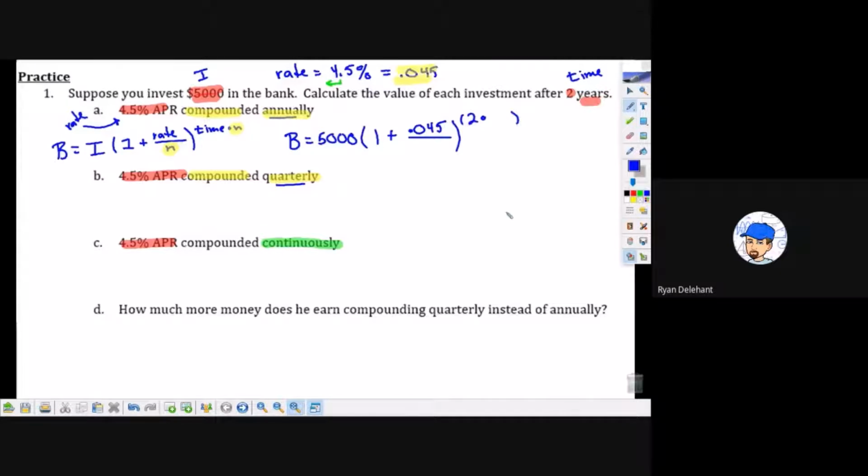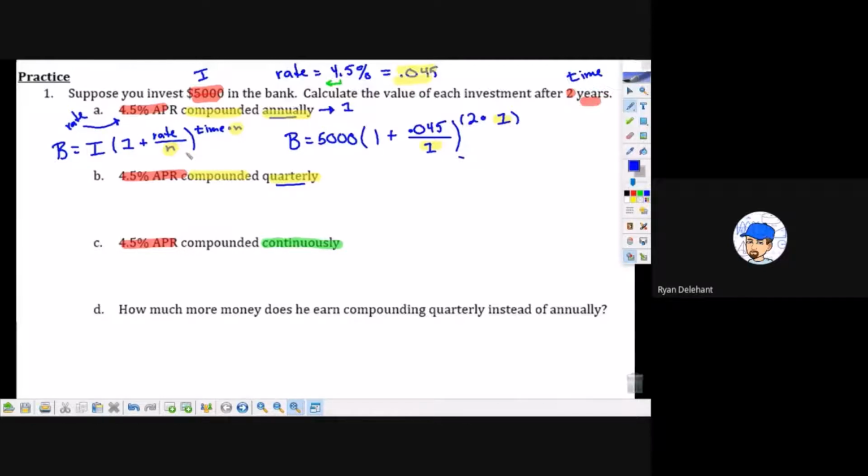So the only thing I have left is this weird number in the bottom that's n. That n comes from the word annually. How many years are in a year? 1, right? There's 1 year in a year. So that means this number here is going to be 1, and so is that one.